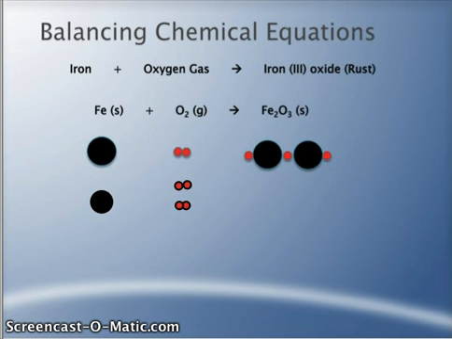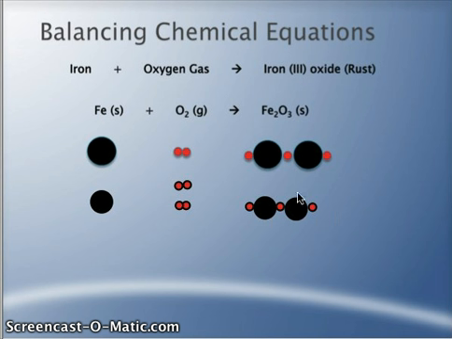And because of that, I will need to have two different Fe2O3s. Otherwise, things are not going to add up. So if I look at this, now I have 1, 2, 3, 4, 5, 6 atoms of oxygen on the left side and 6 oxygens on the right side.